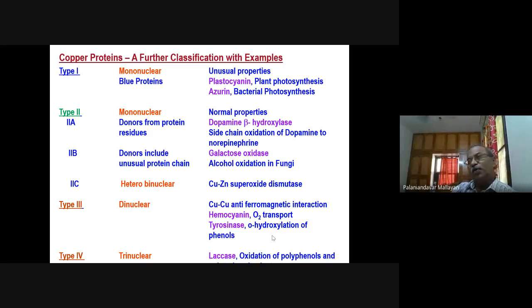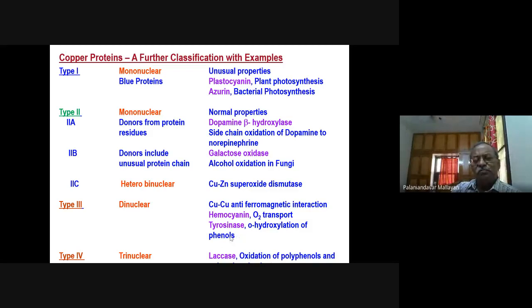Orthohydroxylation of phenols, right? To get dihydroxyphenols. So they are all very interesting enzymes, which I shall take up in due course. So they all have dinuclear copper site to carry out this function.